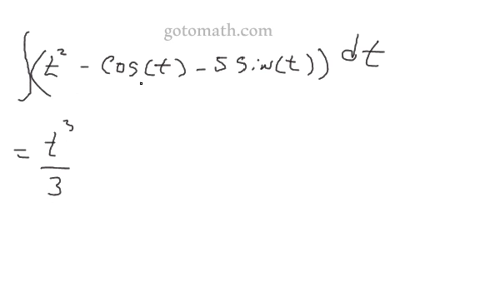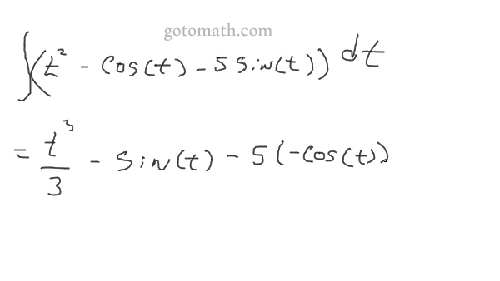Now what is the integral of cosine t? Right, it is sine t minus, and then of course we have this 5 here. Just go ahead and rewrite it, and the integral of sine is negative cosine t, and then of course we got the plus c out here, and we're going to go ahead and rewrite this again.